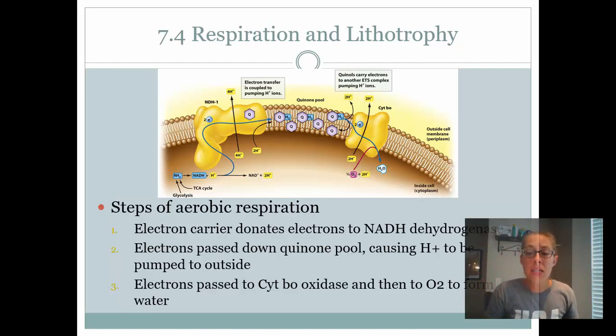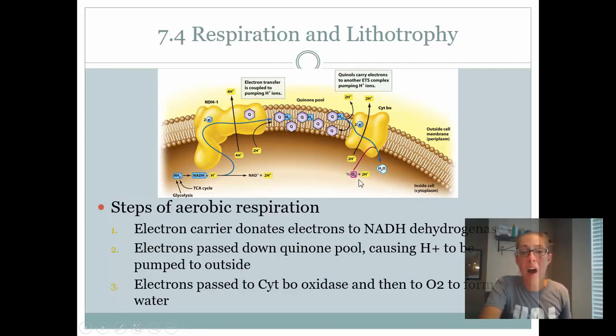So we're going to get lots of hydrogen ions outside the cell, and they're all going, hey, I want to come back in. So ultimately, at the end of our electron transport chain, we've got cytochrome bo oxidase, which is going to be our last one, and it will pass those electrons on to waiting oxygen. This is important because this is the key.